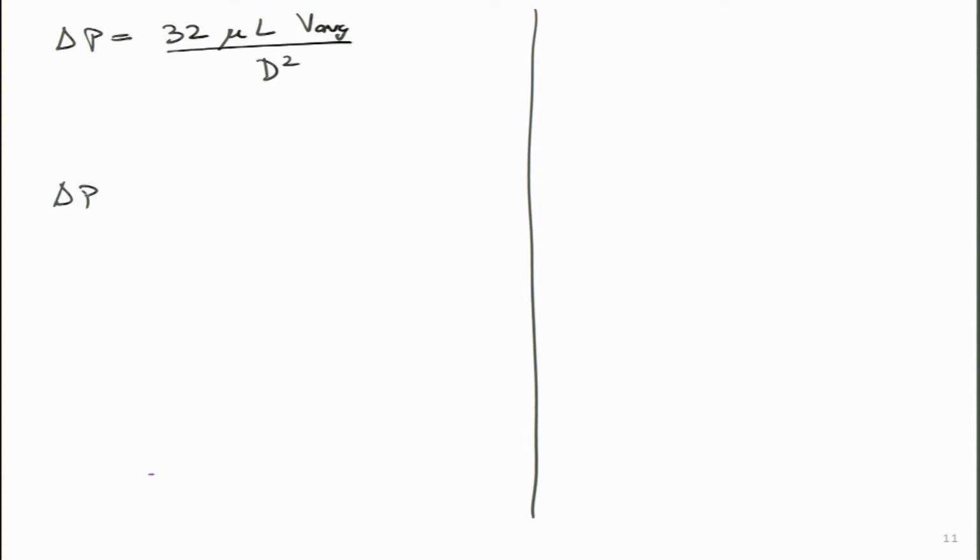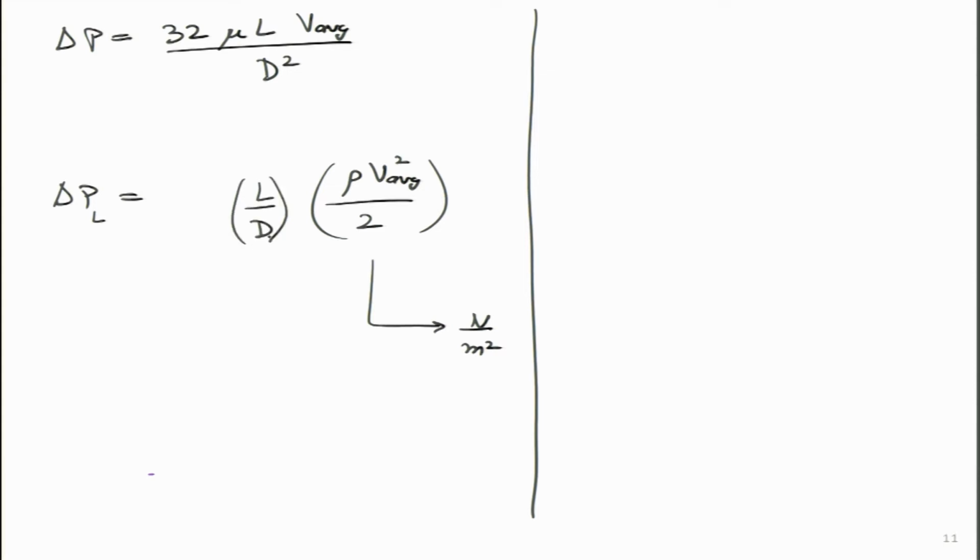Engineers want to write delta P in terms of half rho V average square, and there is a reason behind it, because this automatically has units of newtons per meter square. So, this is kind of an indirect pressure term, and it would be multiplied by the length divided by the diameter term, which is dimensionless, and then F.